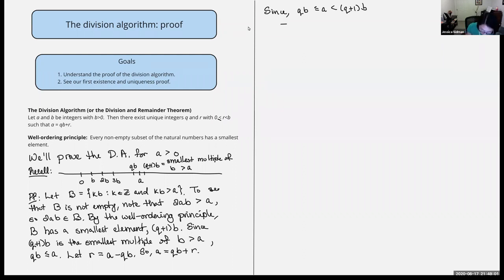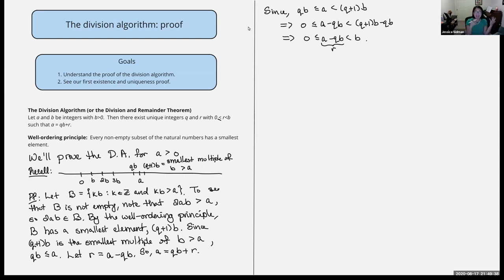So this implies that 0 is less than or equal to A minus QB, which is less than (Q+1)B minus QB, i.e. 0 is less than or equal to A minus QB, and the QBs cancel here, and I'm just left with B, right? But this was equal to R. So R is a legitimate remainder, okay?